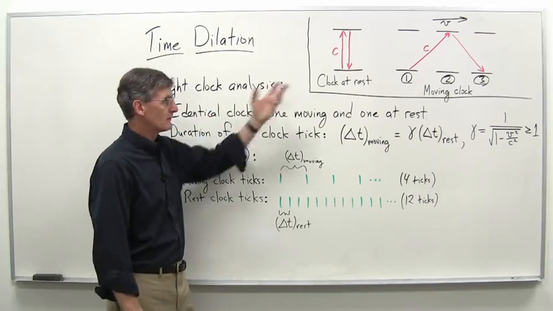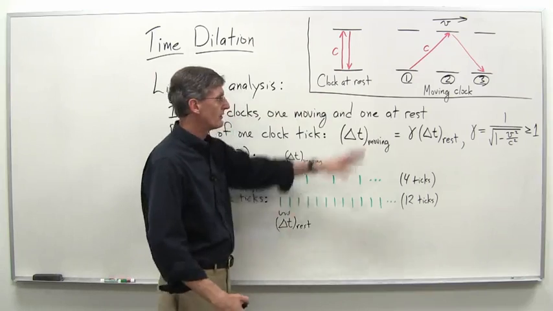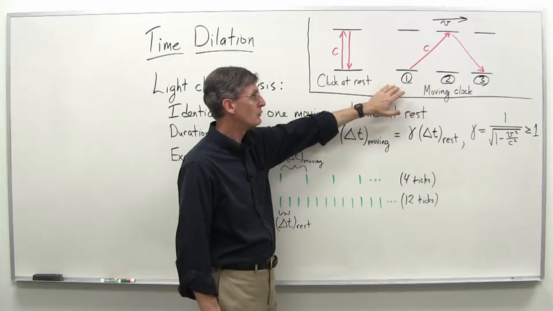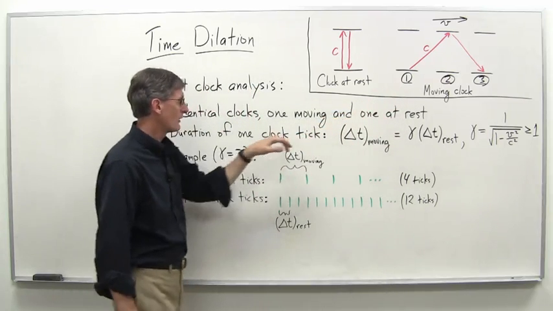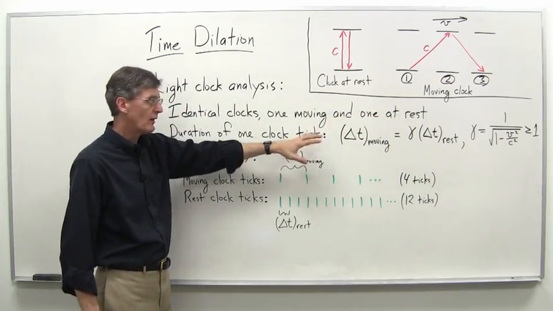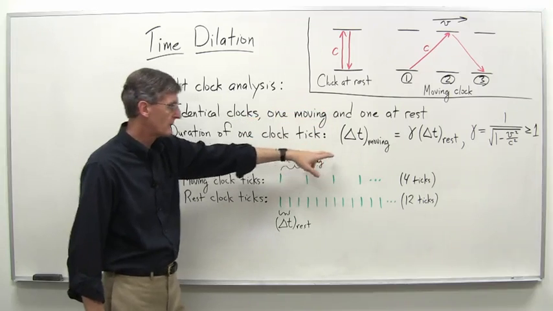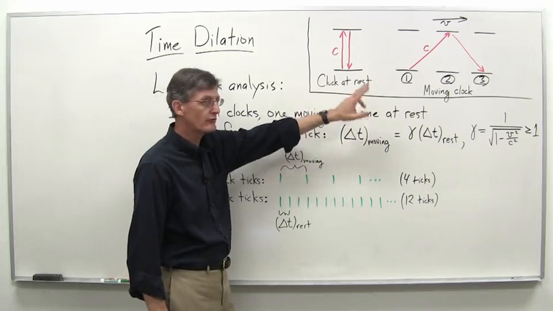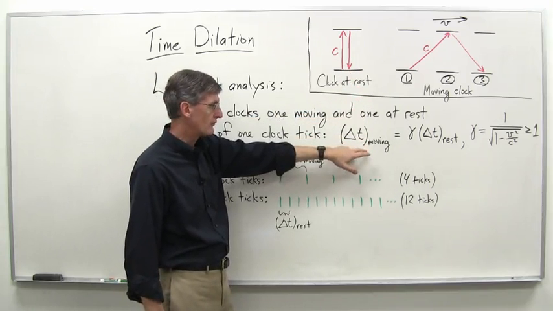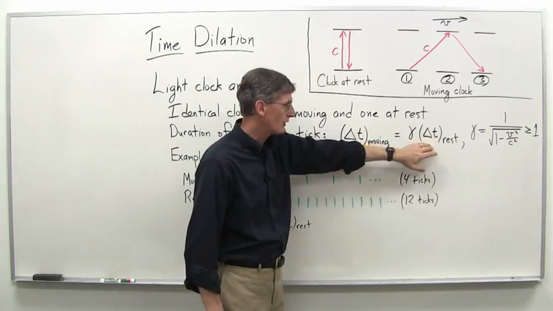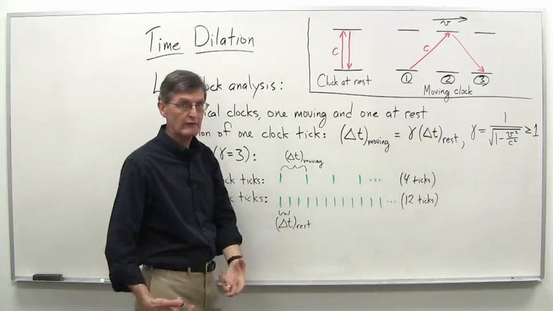So, clock at rest. Bob has his clock at rest. Alice, moving clock. So Bob is observing her moving clock, and our conclusion was that the duration of one clock tick, as far as Bob is concerned observing Alice's clock, equals some factor gamma times one clock tick for his clock at rest, which again is identical.